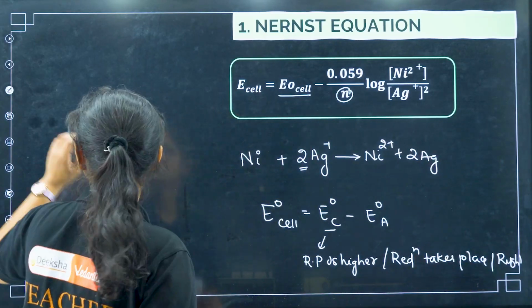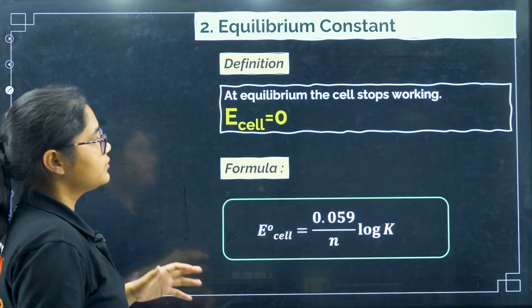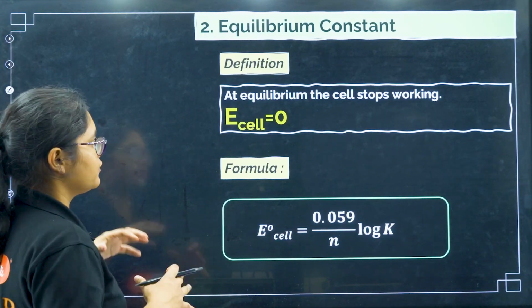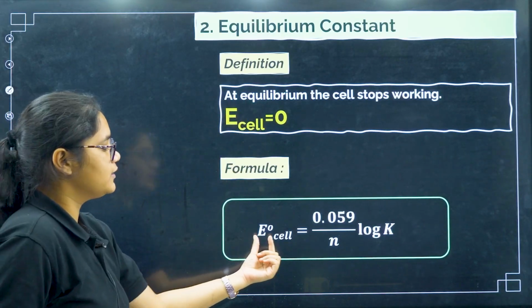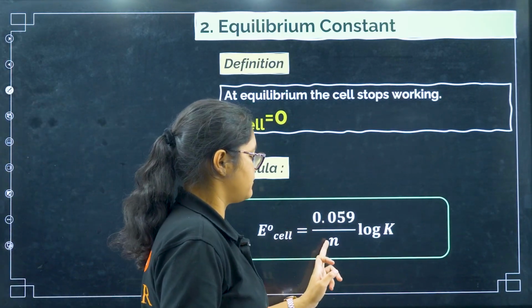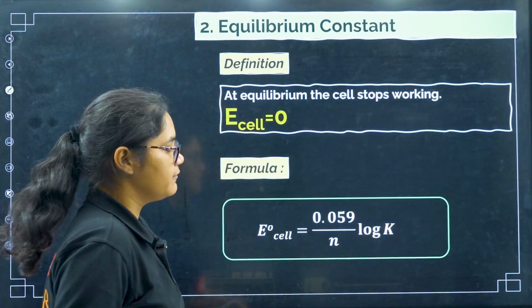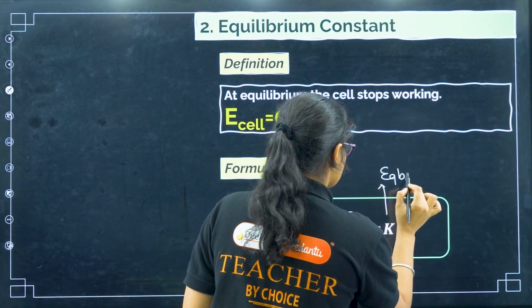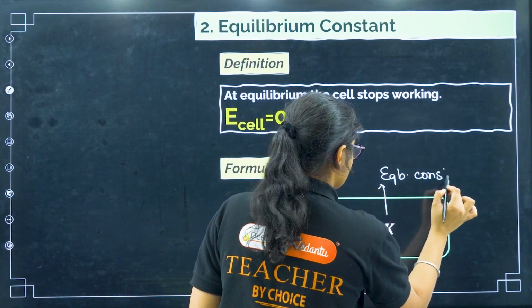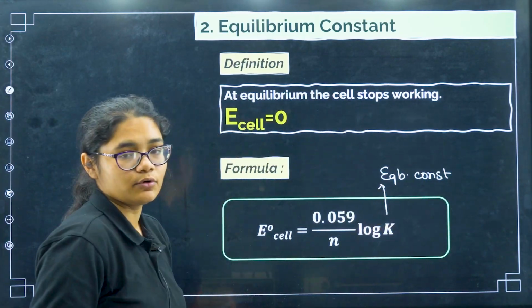Next, coming to equilibrium constant. When the cell is at equilibrium, E of the cell is 0. So we get E naught of the cell is equal to 0.059 by n log K, where K is your equilibrium constant. Most of the time you may be asked a question to find the value of K.